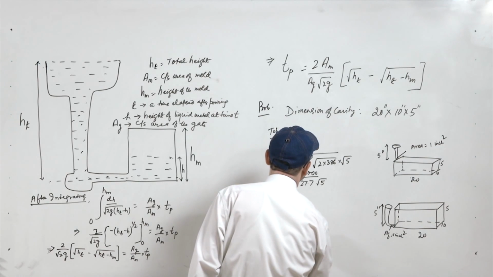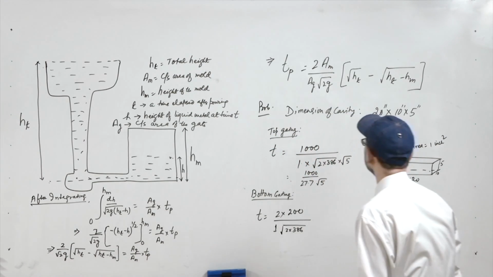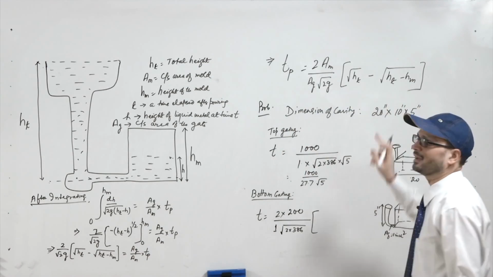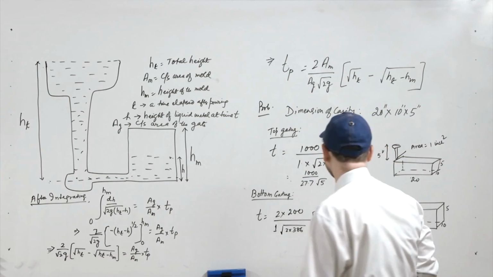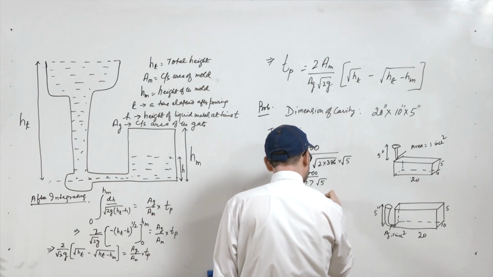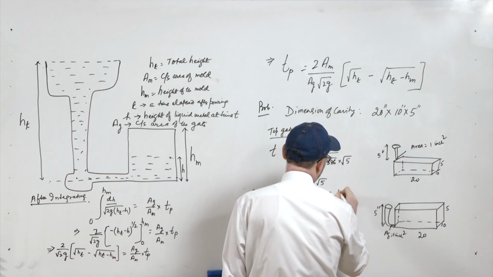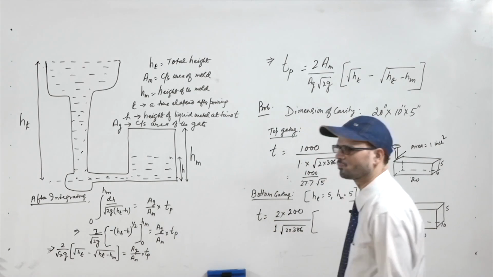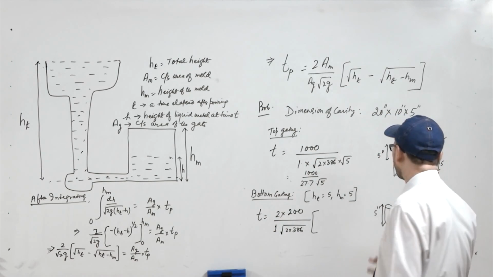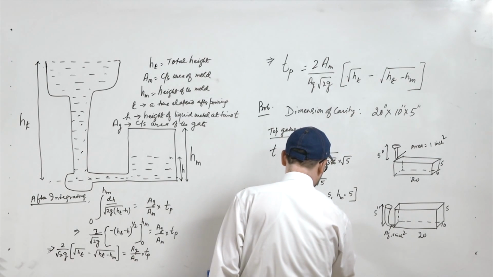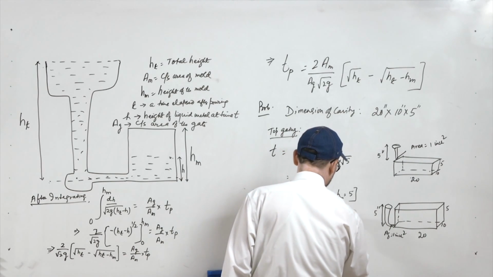So, that is 27.7 under root Ht into root Ht minus root Hm. Now, in this case, in the case of bottom gating, what you see is your Ht was 5 and Hm was 5. So, what happens here? It will be root 5 minus 0.